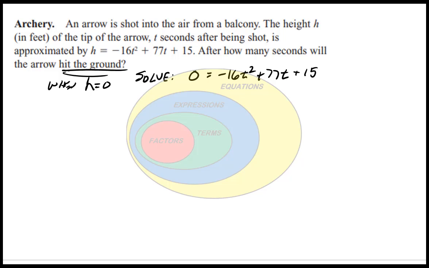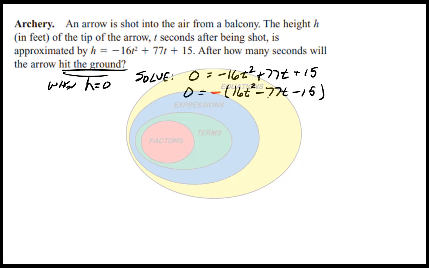And again, we do want to solve this by factoring. Since it starts with a negative, I will factor out a negative 1, and I'll be left with 16 t squared minus 77t minus 15, and that's going to equal 0.